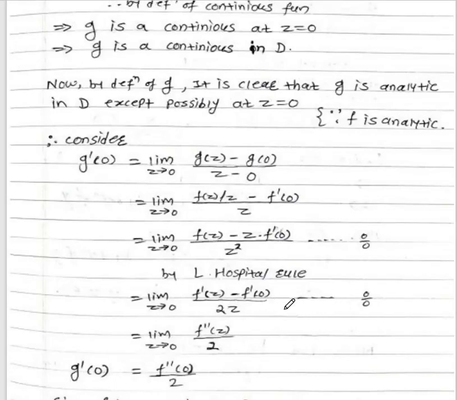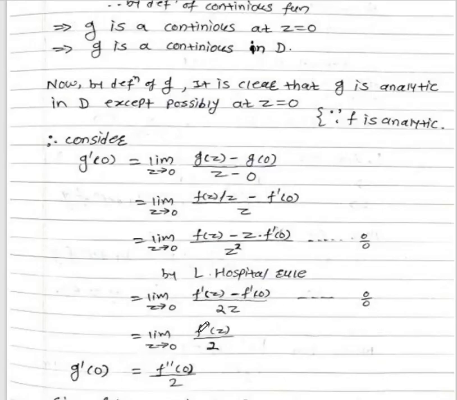So by using the L'Hospital rule, we get limit z tends to 0 of f dash of z minus f dash of 0, divided by twice z. L'Hospital rule means take the derivative of the numerator as well as the denominator with respect to z. Again, if you put the limit z equal to 0, it will give the 0 by 0 form.